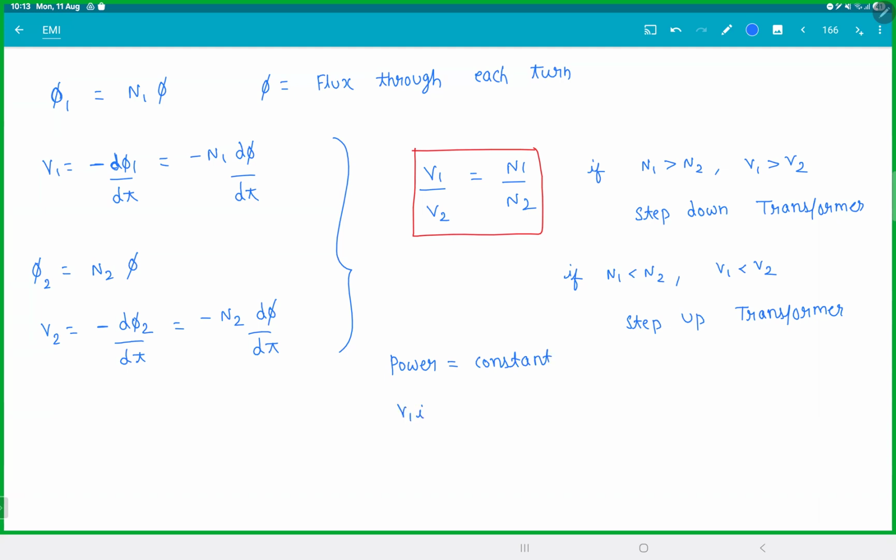V1 I1 will be equal to V2 I2. In a transformer, generally, there are two formulas. Power is constant and the voltage will depend on the number of turns. And if you look at this, the input and output will be out of phase by 180 degrees if you keep them in the same sense of rotation, because both are opposing. The field lines will enter in the opposite direction.